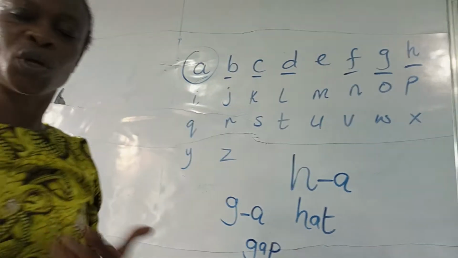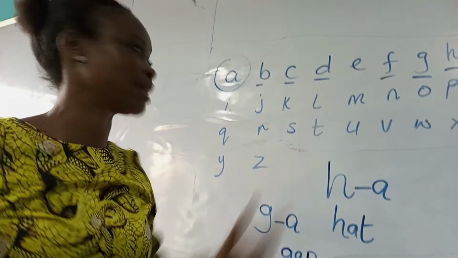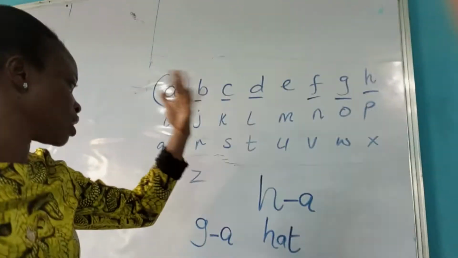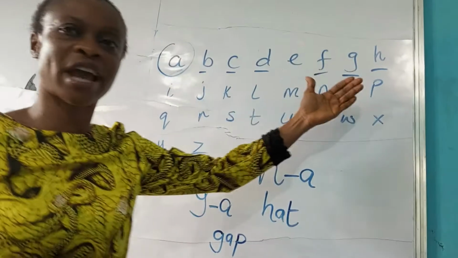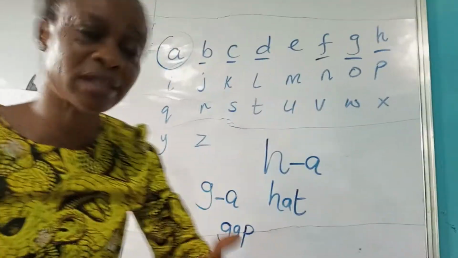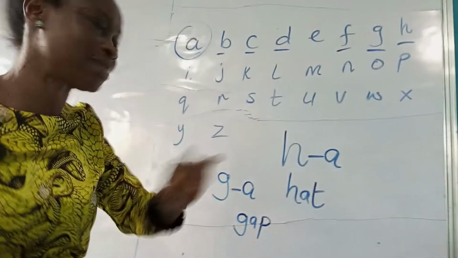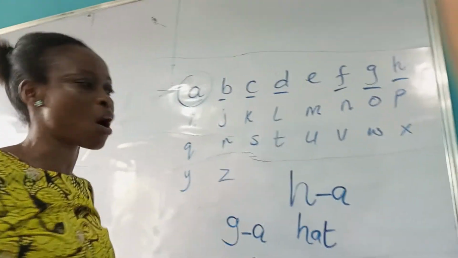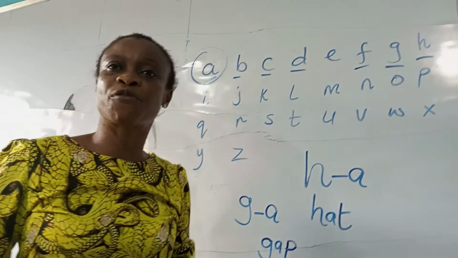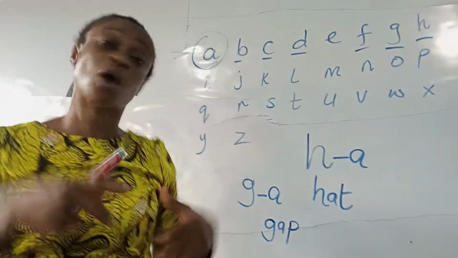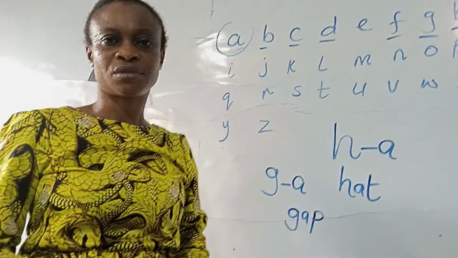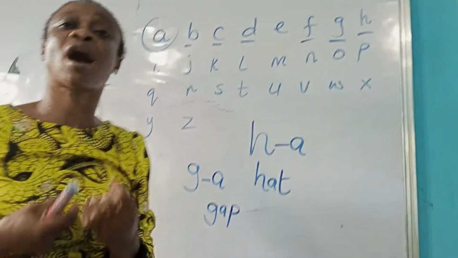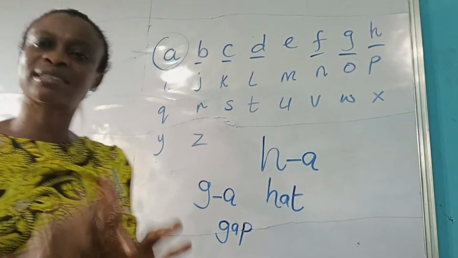We've been able to combine consonant letter B, consonant letter D, consonant letter C, consonant letter F, G, and H with a vowel letter A, which has sound A. This is what we call combination of two letters or two sounds. So with this, you can find reading or pronouncing of three-lettered words.